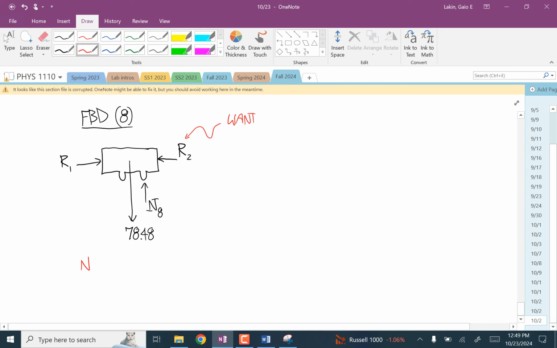So this Newton's second law would give one equation for 2 variables. And so we can't solve it.